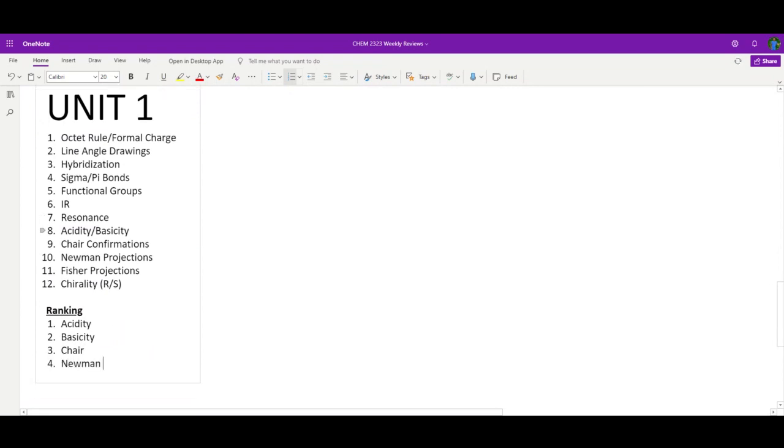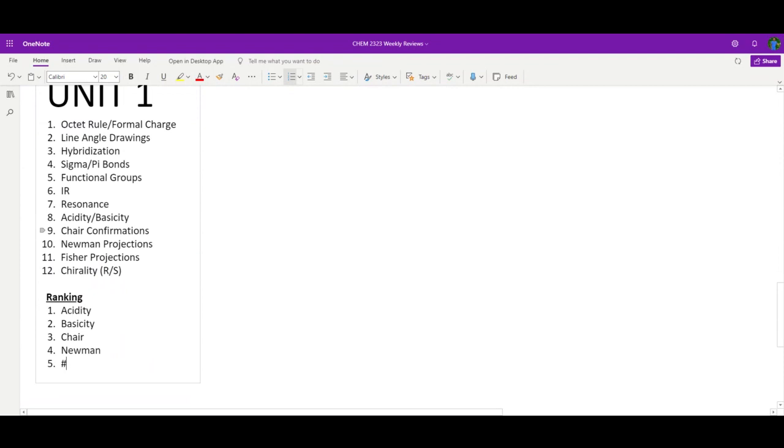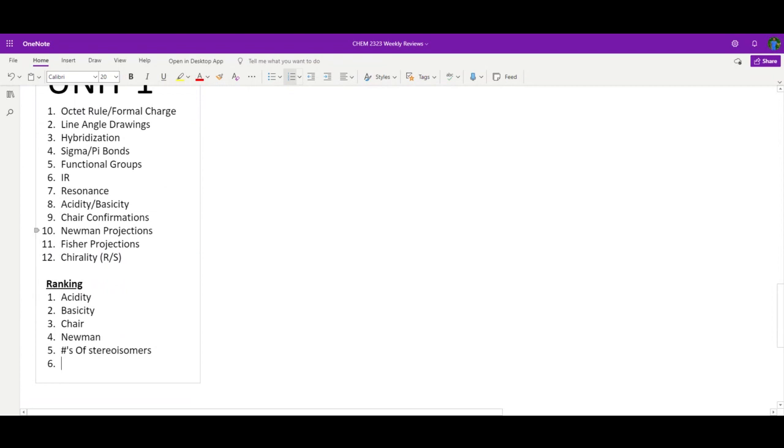You can get Newman projections, like anti, staggered, gauche, and eclipsed, and the stability of that. One of the practice exams has something called number of stereoisomers, and I can do an example of that. And then there's something else, I'm not sure if this is talked about, but one of the practice exams also has this ranking. I believe that should be it. If not, let me know if there's anything else.